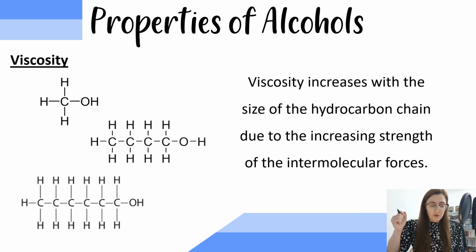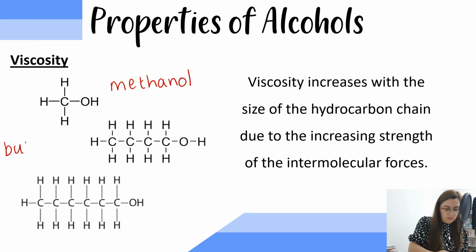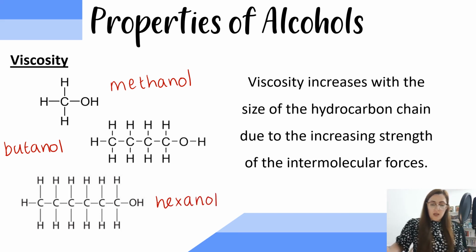So if we look at the viscosity of the 3 alcohols we've got here, we've got methanol, butanol, and hexanol. So viscosity increases with the size of the hydrocarbon chain.